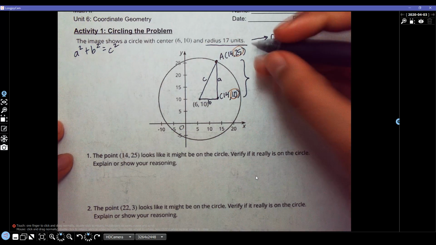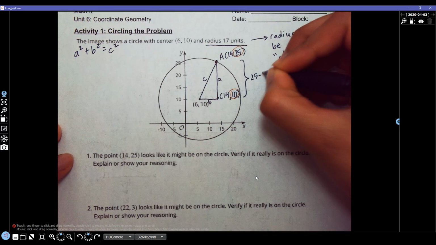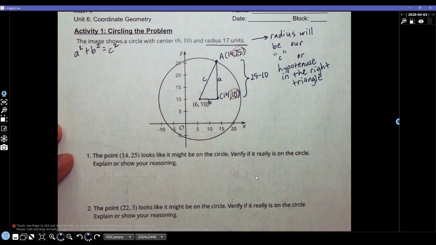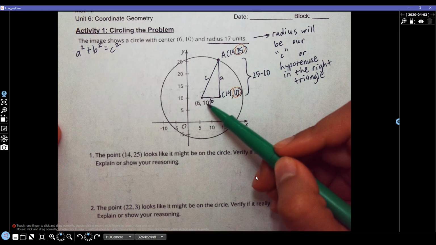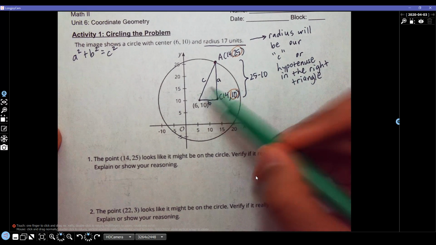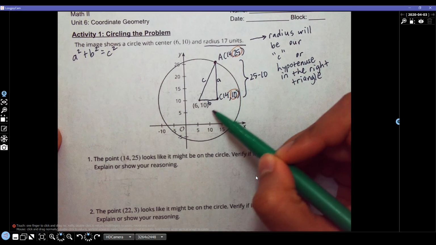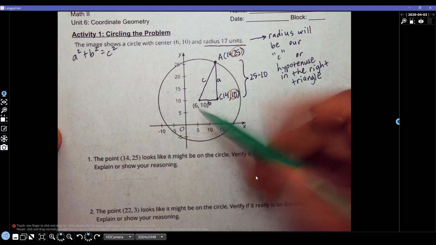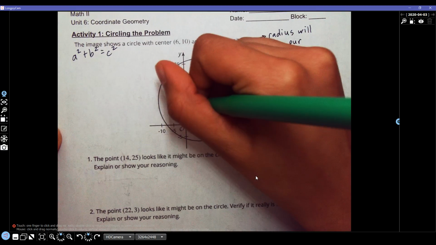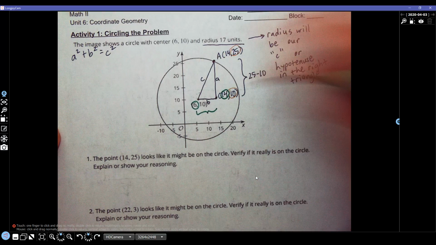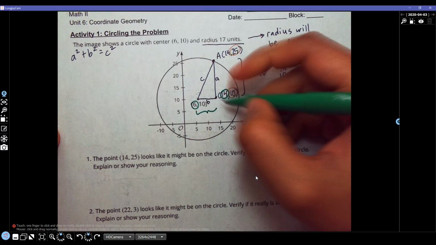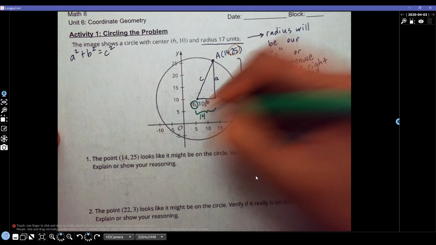So I'm going to write 25 minus 10 over here. And then when we look at the b value, this is our horizontal distance, we see that our y-coordinates stayed the same, but this time our x-coordinates changed. So I'm going to circle our 14 and our 6 here. So this distance is going to be our 14 minus 6.